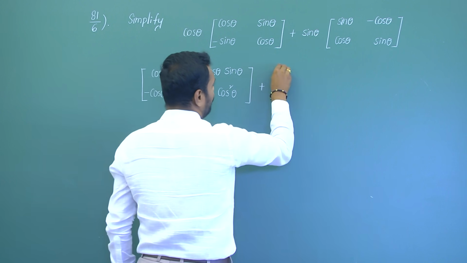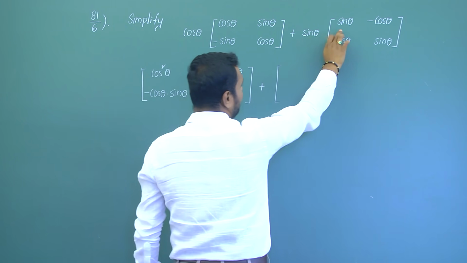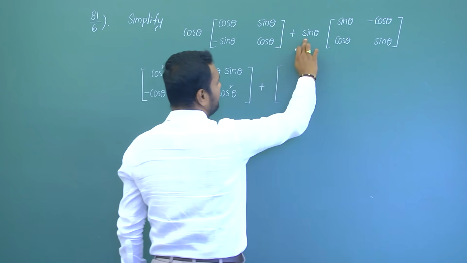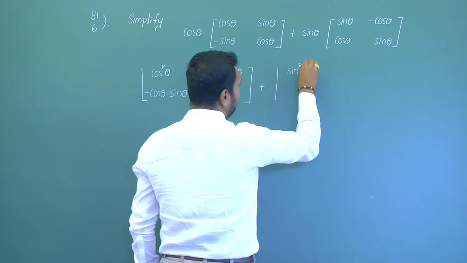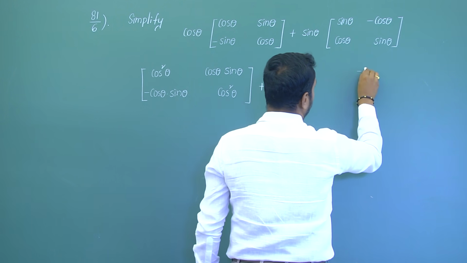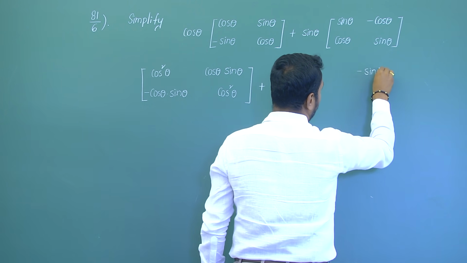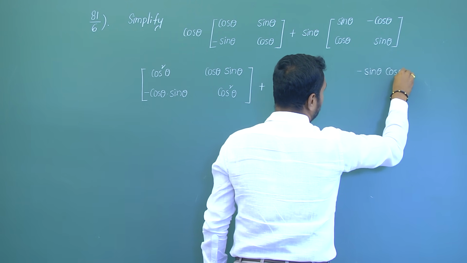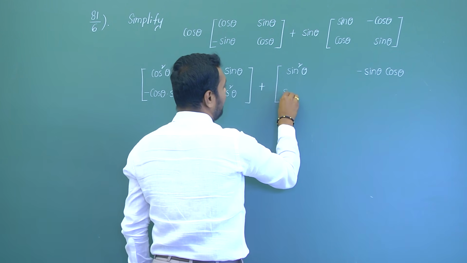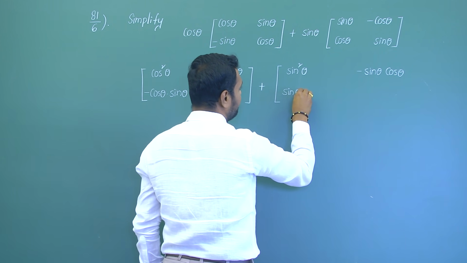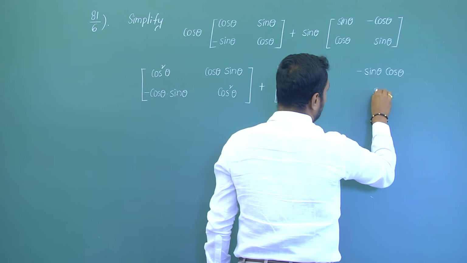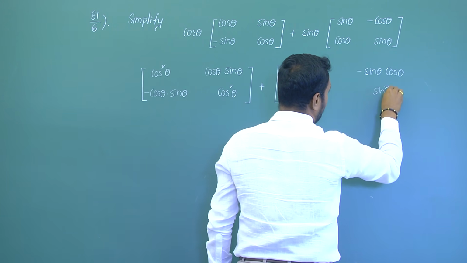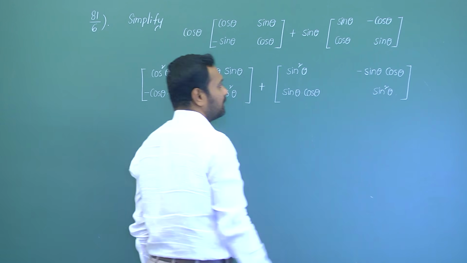Plus, if you take sin theta inside the second matrix, then sin theta into sin theta, sin square theta; minus sin theta cos theta; next element sin theta cos theta; sin theta into sin theta, sin square theta.